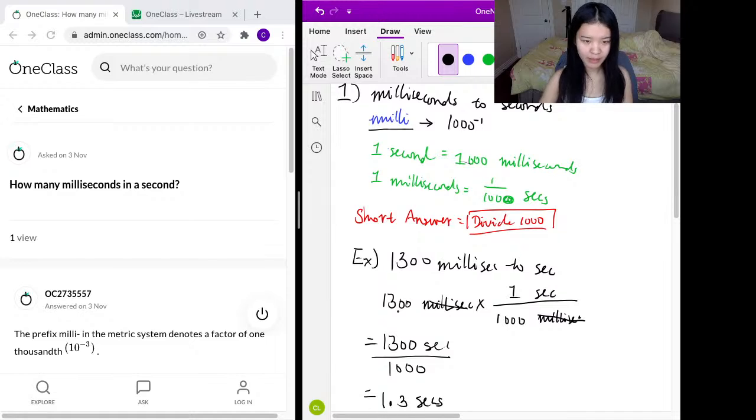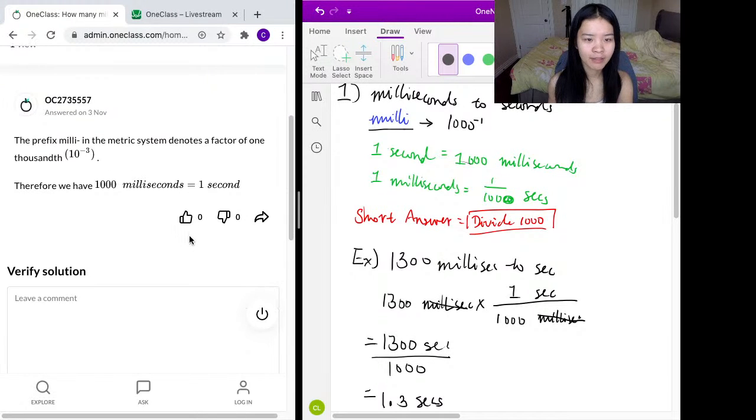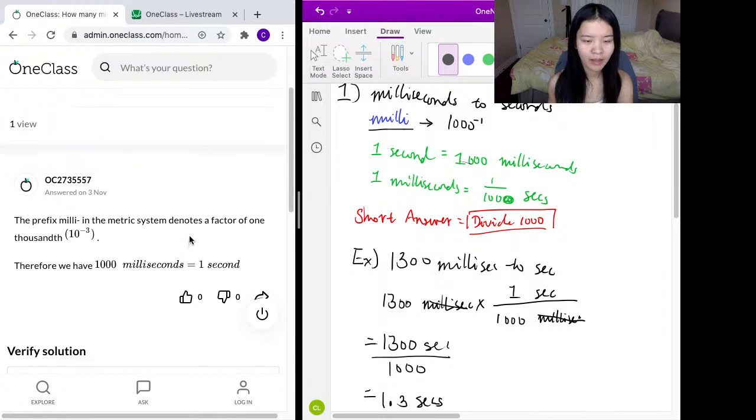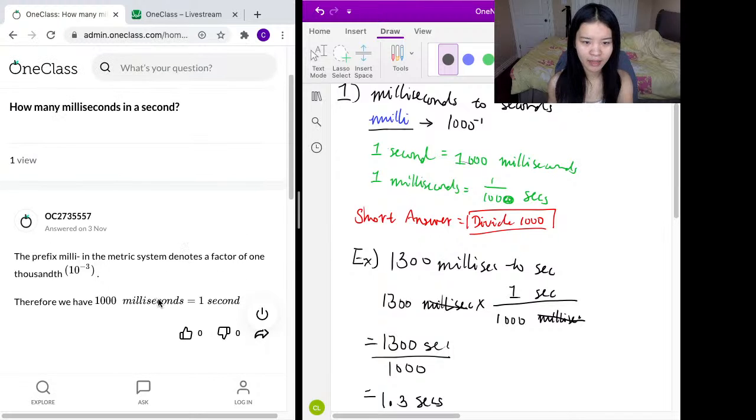Let's look at the sample solution over here. Here they just gave you the conversion, which is right over here, except they wrote it in a different form.